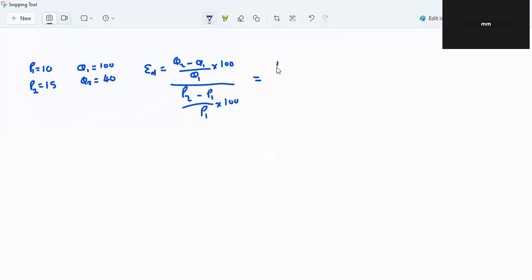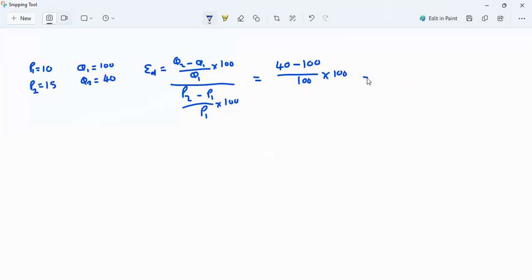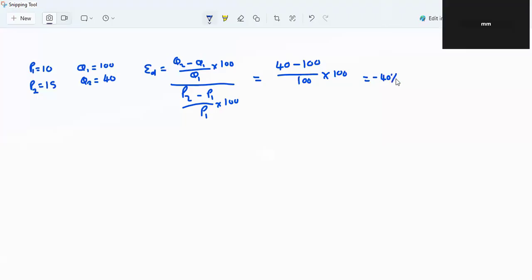So here, what is Q2? 40 minus what? 100 over what? 100 times what? 100%. What do we get on the numerator? -40%. So you put it here, -40%. Then we go to the percentage change in price.